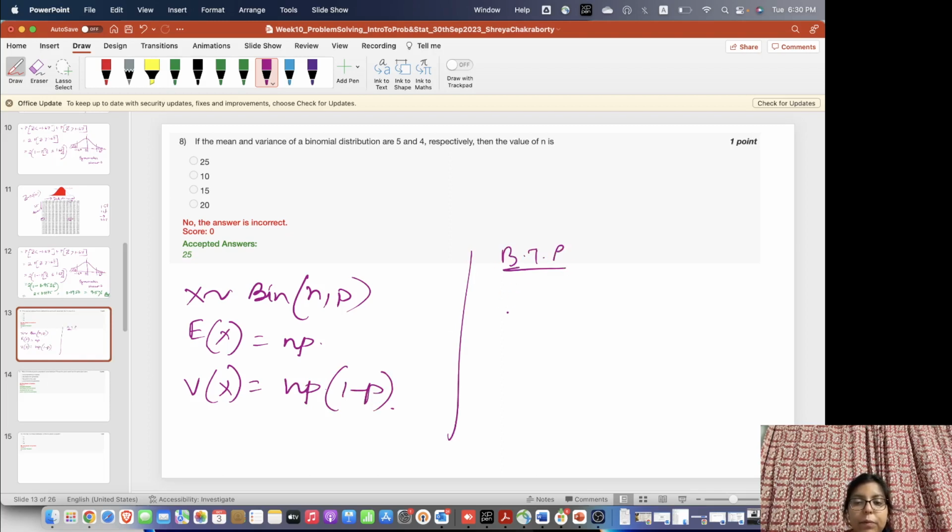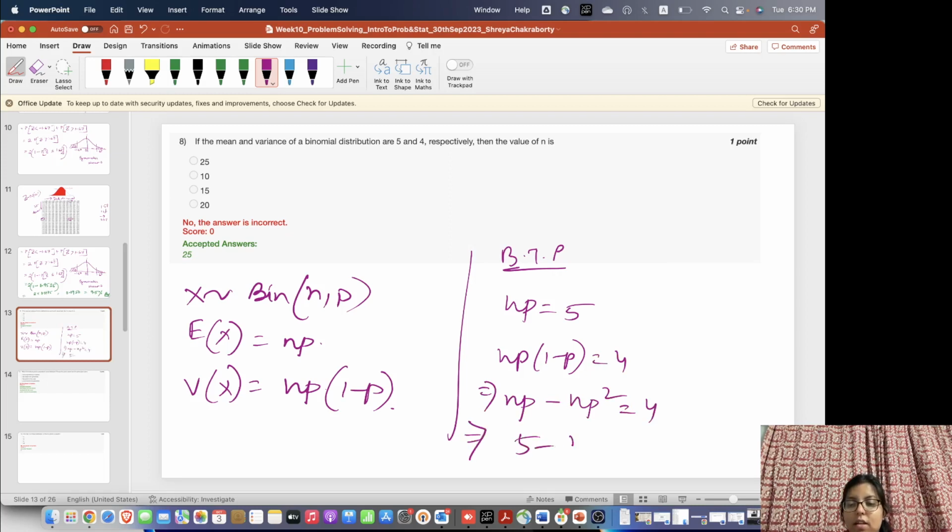According to the problem, np = 5 and np(1 - p) = 4. So np - np squared equals 4, which is 5 - 5p = 4, which means p = 1/5.